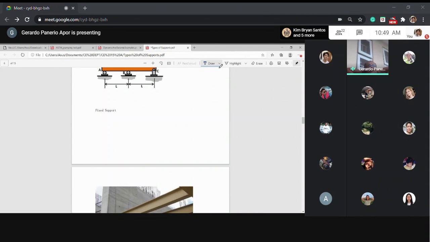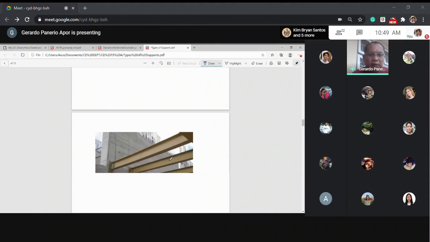To summarize what we have done so far, I have introduced to you the types of support as they appear in actual and how we idealize them. In the early part of our discussion, I showed you the actual pin support, actual roller, actual fixed support.